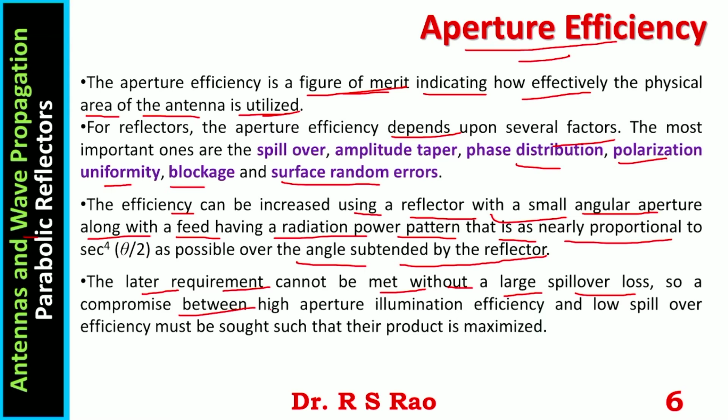So a compromise between high aperture illumination efficiency and low spillover efficiency must be sought such that their product is maximized. If we try to improve the efficiency in one direction, it makes a dent in the efficiency in the other direction. The compromise has to be made depending upon the needs of the application at hand.